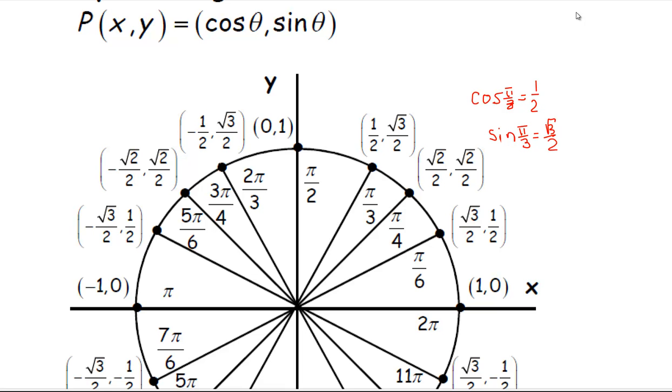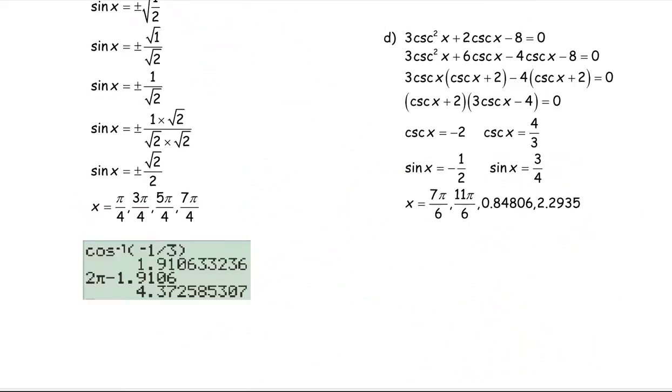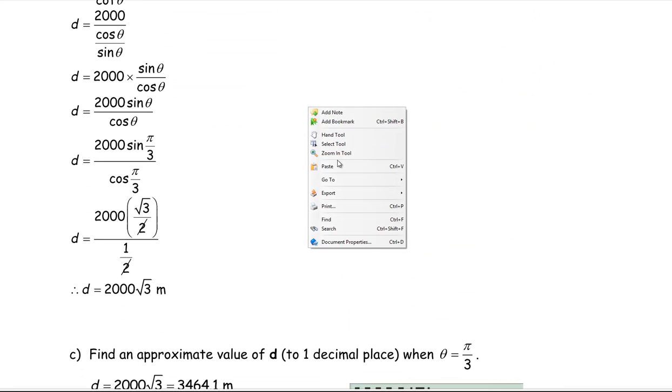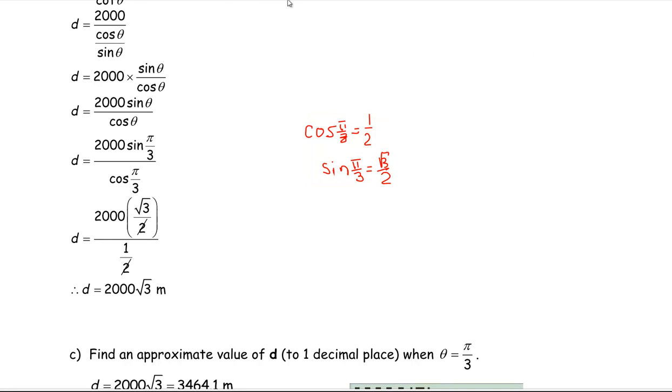The only reason I'm writing them out like that is so that I can just copy them and go back up to the question, and we can paste them. Okay, so that's the two values that we read off the unit circle.